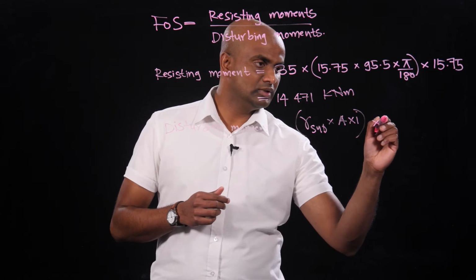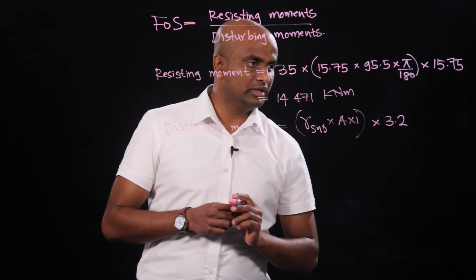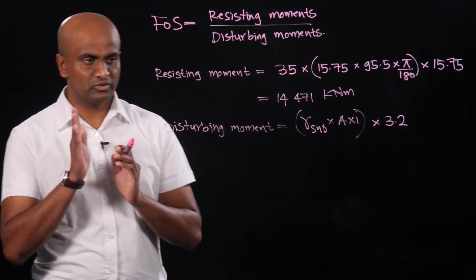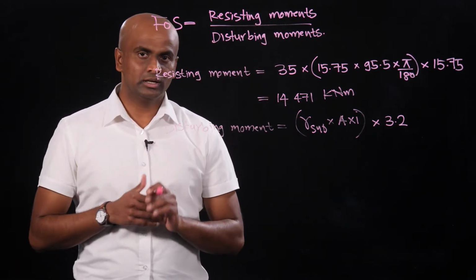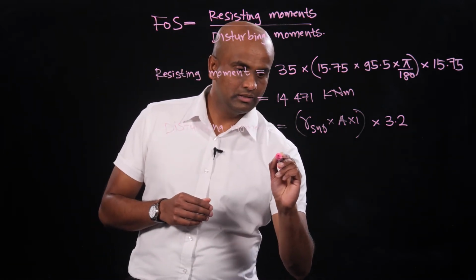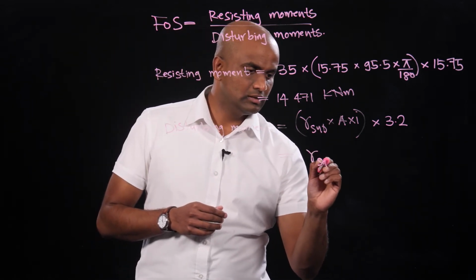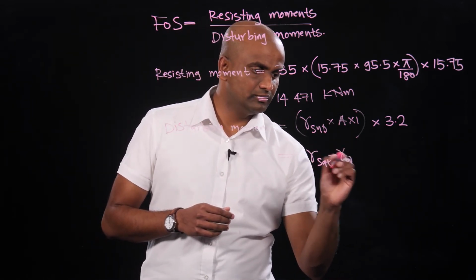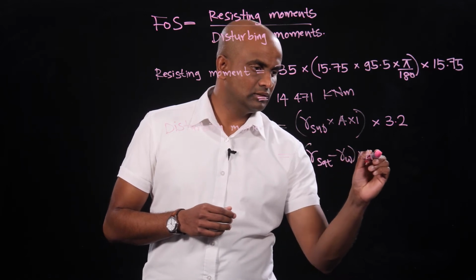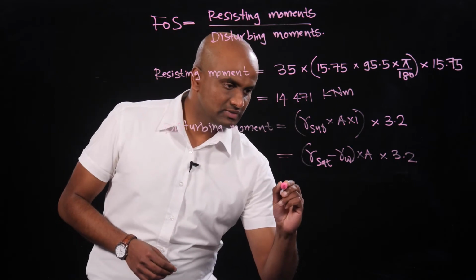So you multiply by the perpendicular distance of 3.2 meter, from the center to the weight of the soil. The submerged unit weight you calculate from gamma saturated minus gamma W, times A, times 3.2. Now you can substitute the values.